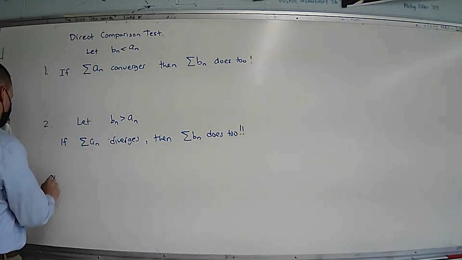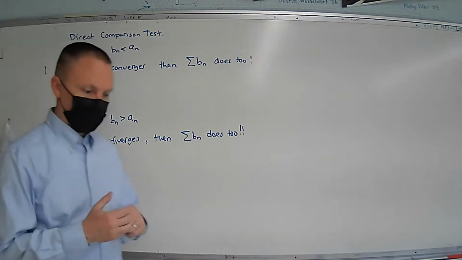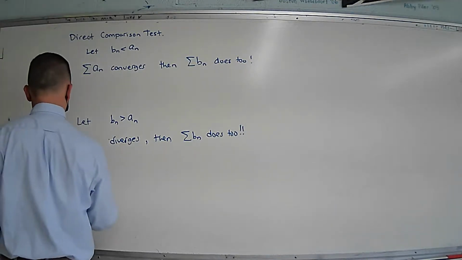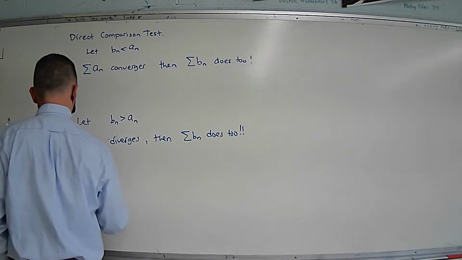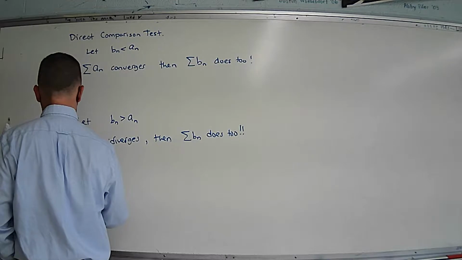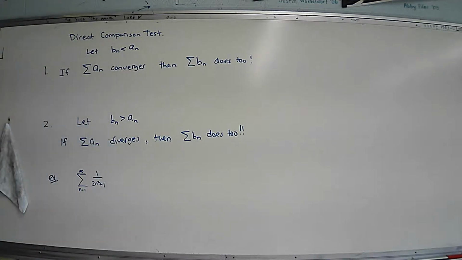So let's look at a couple examples of this. First one would be one over 2n squared plus 1.